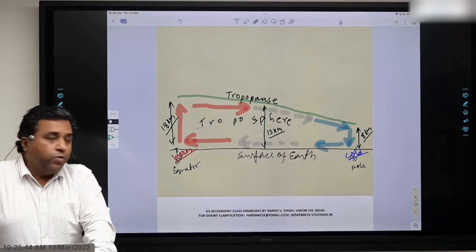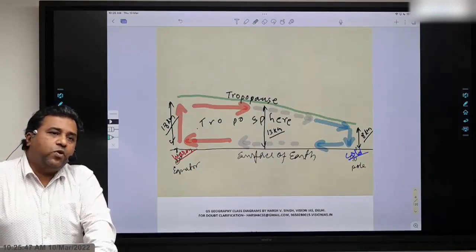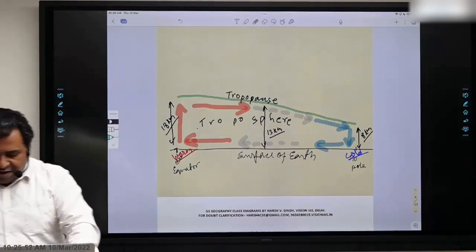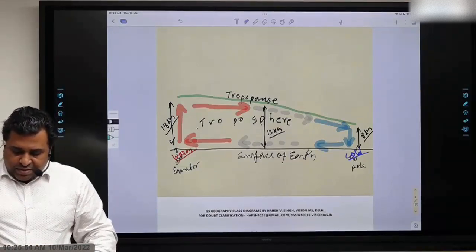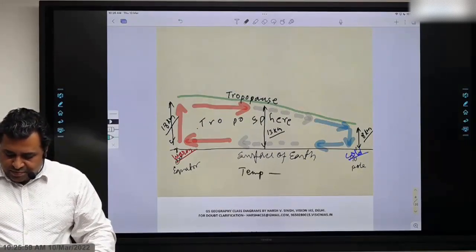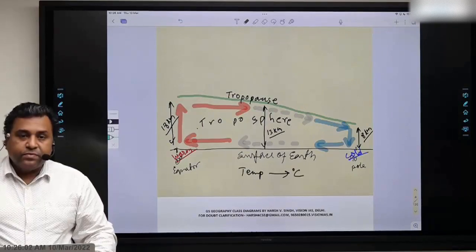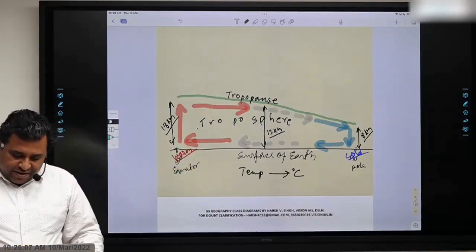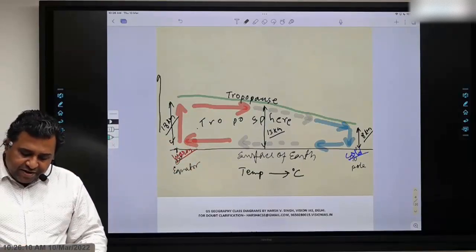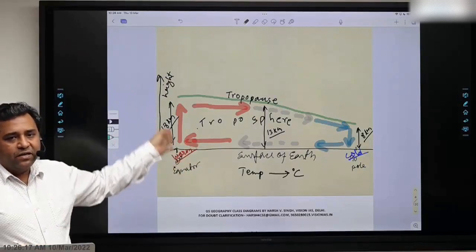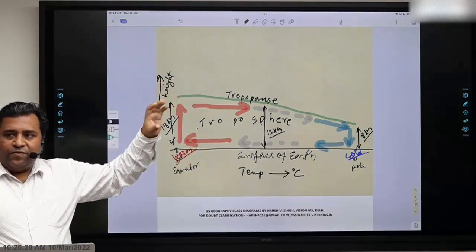Next point. Now you think and tell me, in this region as you go higher, the air should become colder or warmer? Colder. So if I say this is temperature increasing this side in terms of degree Celsius, and this side height is increasing, just assume this is an XY graph. This side temperature, this side height. So what type of graph should I get?